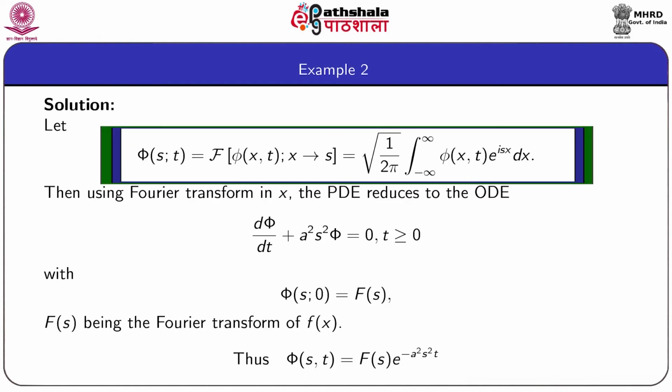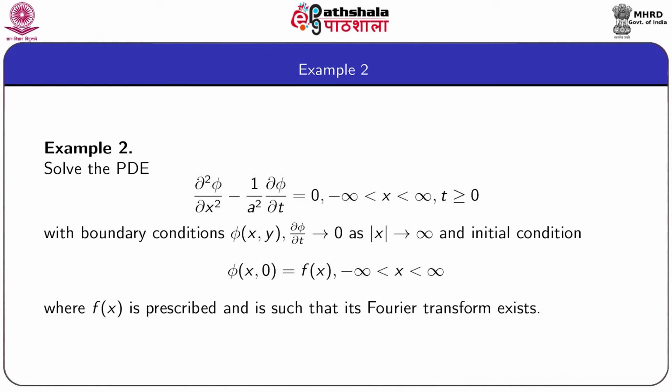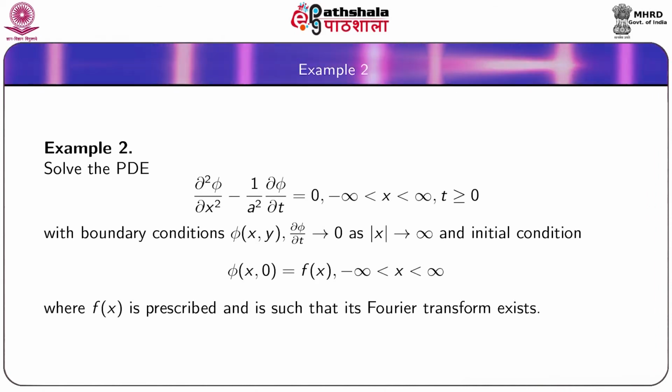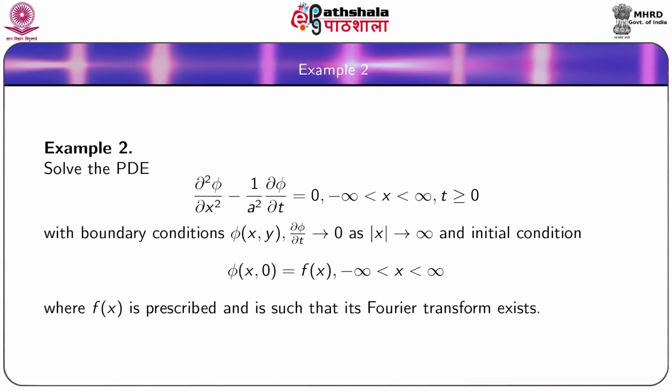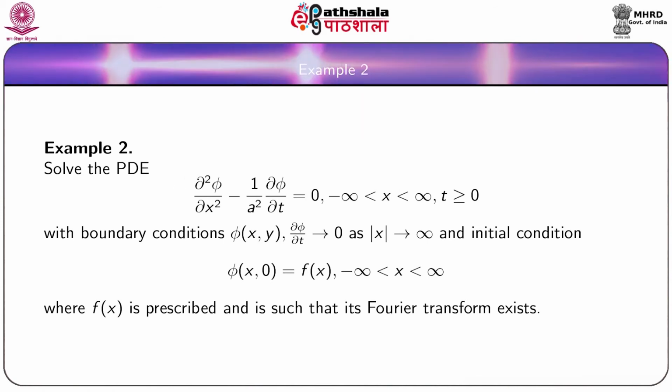So, if we define capital phi(s,t) as the Fourier transform of small phi(x,t) as 1 by root over 2 pi, integral from minus infinity to plus infinity of phi(x,t) e to the power i s x dx, then as in example 1 we will multiply this partial differential equation on both sides by 1 by root over 2 pi e to the power i s x and integrate with respect to x from minus infinity to plus infinity.